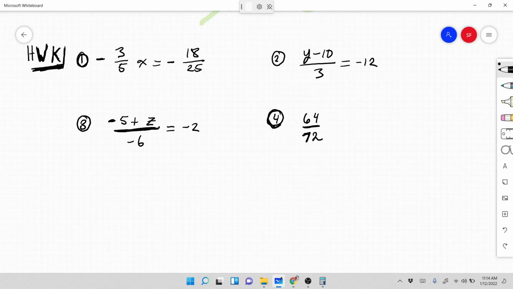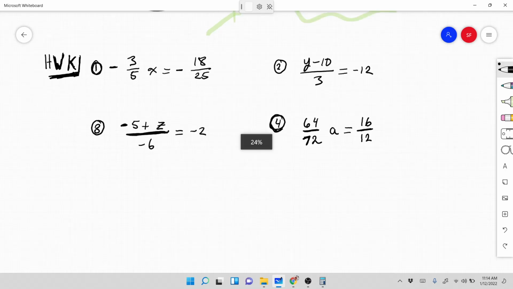A problem that looks scary but may not be. A equals, let's say, 16 over. We'll make it really deceptively easy. We'll make it over 12. How's that sound? Scary, but it's not that scary. It looks easy though.